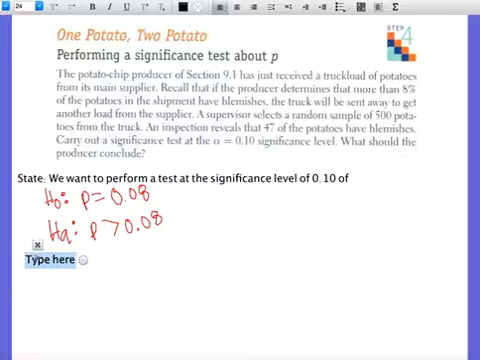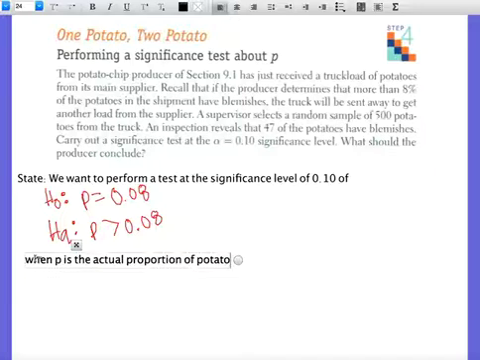And we want to tell what P is. P is the actual proportion of potatoes in this shipment with blemishes.